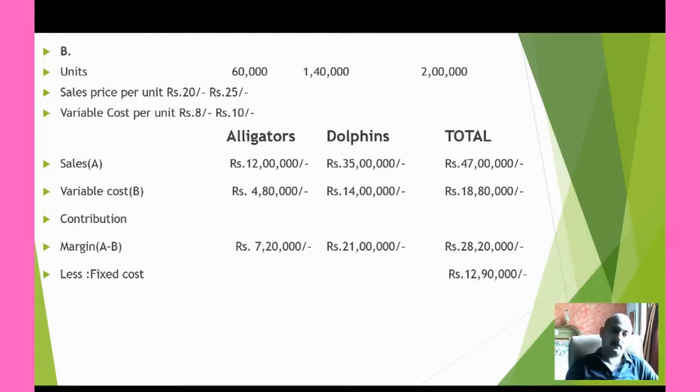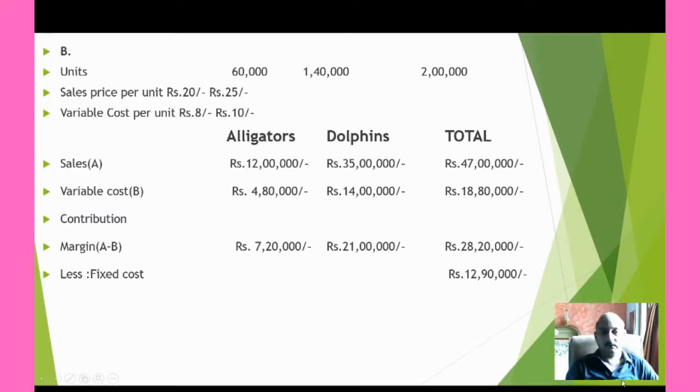So we calculate this. First of all, we will write the sales in rupees, that is 12 lakh for alligators, 35 lakh for dolphin, and total is 47 lakh. And variable cost is 4 lakh 80,000 for alligators, 14 lakh for dolphin, and 18 lakh 80,000 in total.